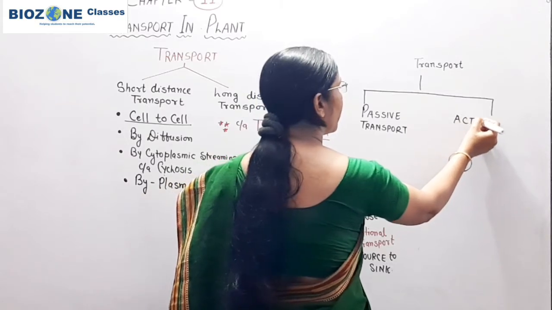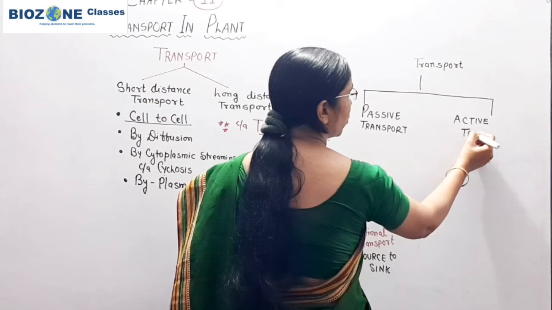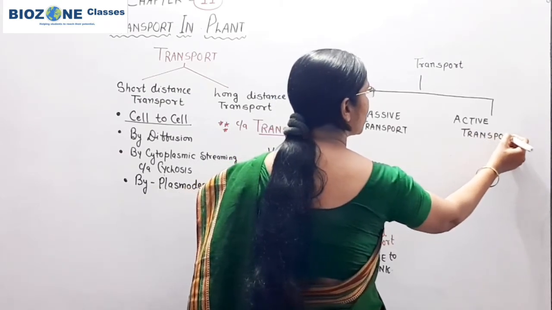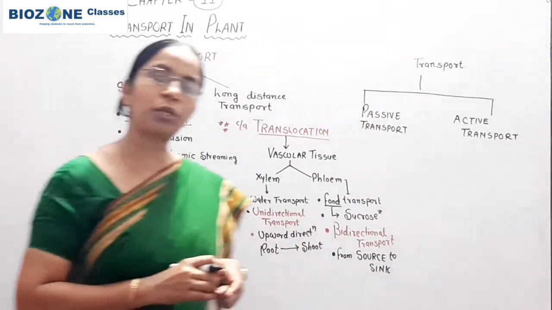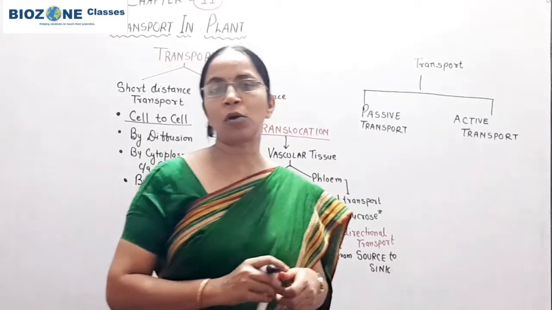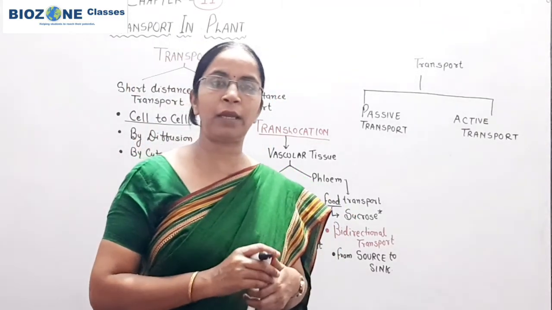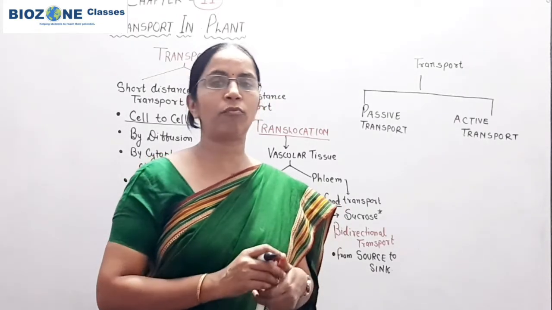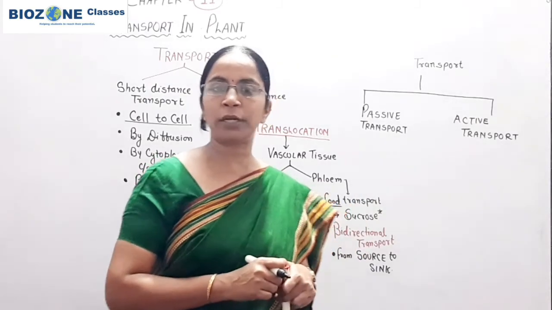So here you remember passive transport and active transport are mainly defined according to the requirement of ATP as well as according to the movement of molecules on the basis of concentration gradient.